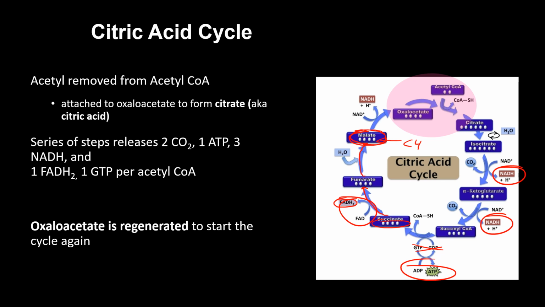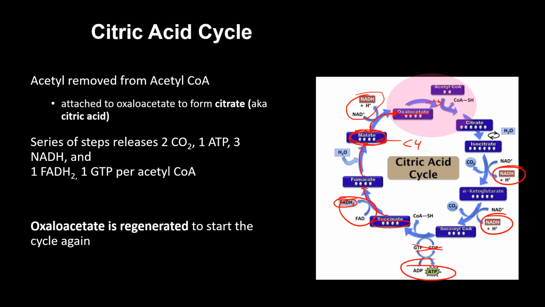The malate, which has a little bit of energy in it, is then finally oxidized to its lower energy state called oxaloacetate, which is the starting point, and we can begin the cycle again. In the process of malate being oxidized, we have our very last NADH formed.